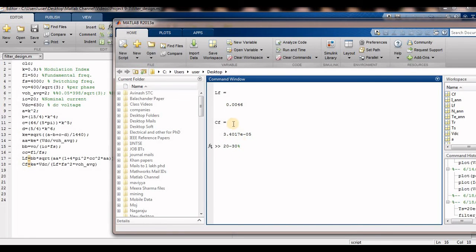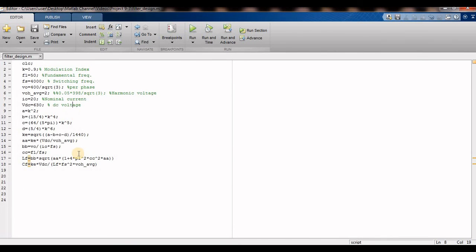But once you have calculated this, you can apply these values as your L and C values in MATLAB Simulink. It will work, but in case it is not working fine, because I don't know your exact requirements, please consider plus or minus 20% to 30% of these values. Then you can easily get very good results as per your requirement.